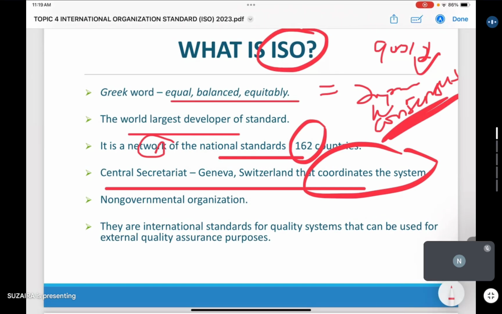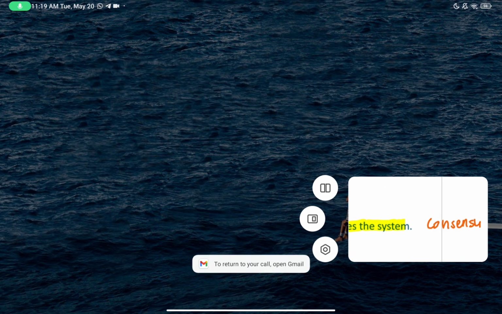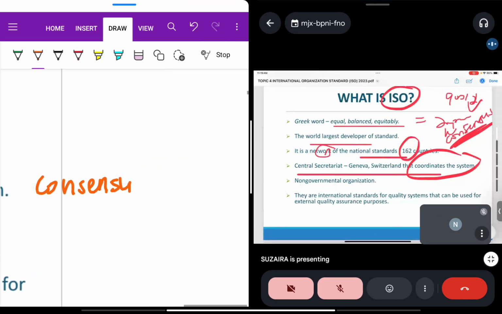So consensus is being made based on the agreement between each representative from the different countries. So from there, they can share ideas and also knowledge.